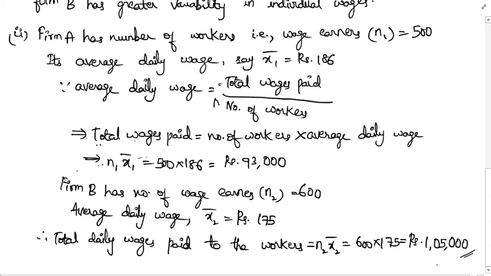Hence firm B has the larger wage bill, because for firm A it was 93,000 and for firm B it is 1,05,000.